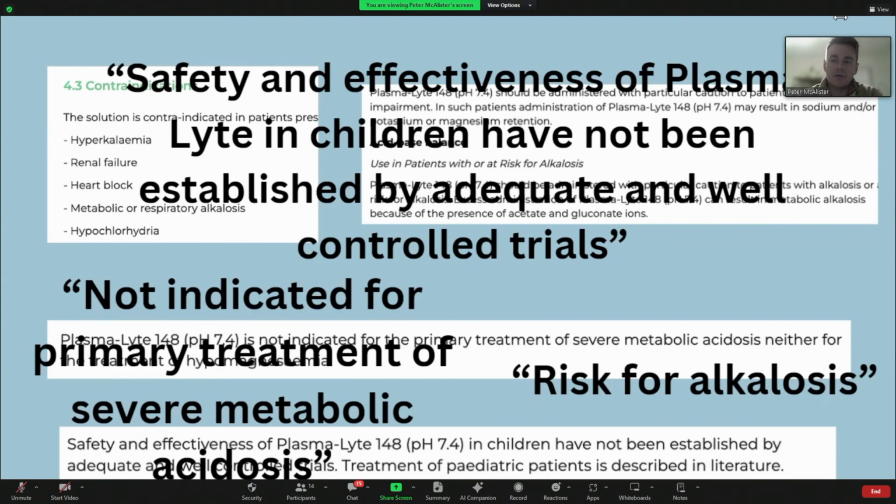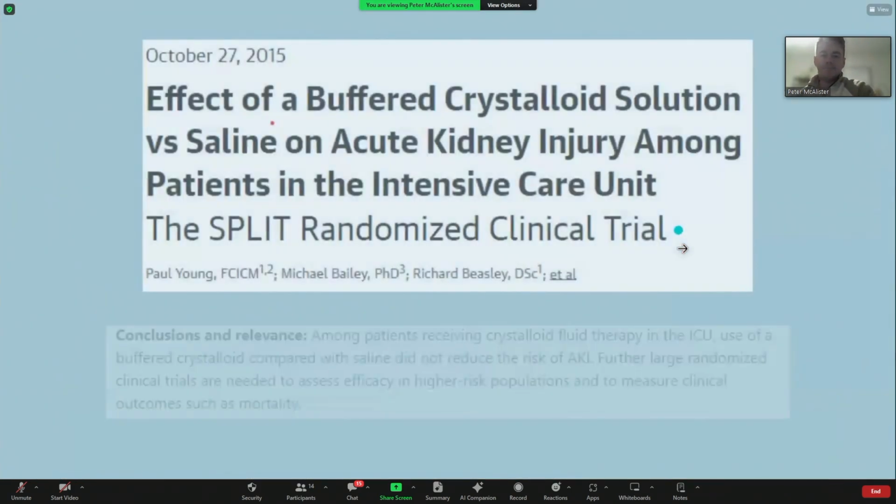So it's good to have all of these things in your head with regards to the use of Plasmolite in managing a critically unwell child. Whereas we know saline, we know the effects of it, and we should continue to use it.